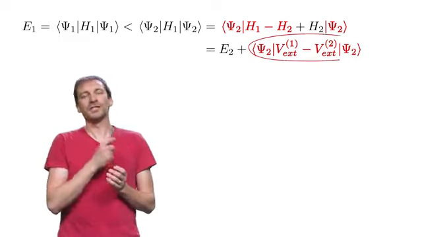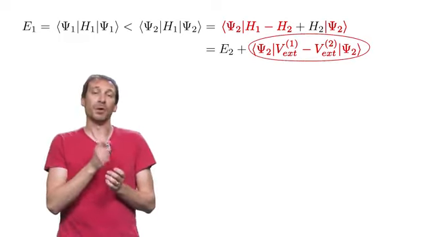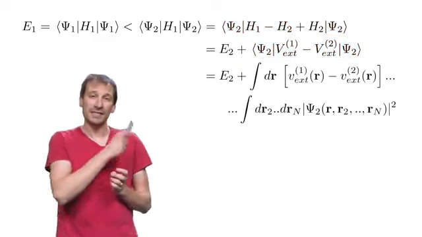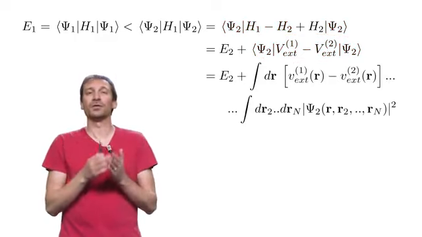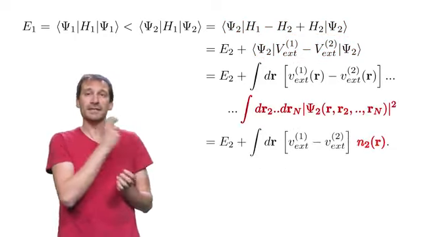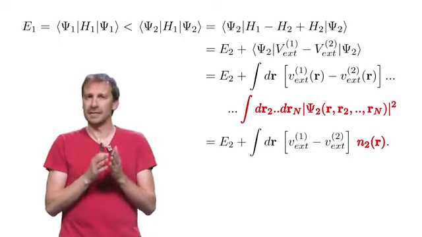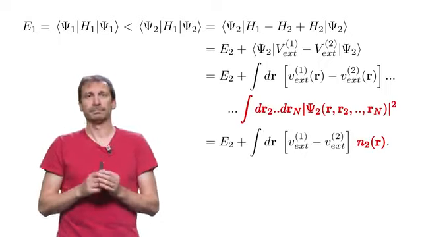Let's focus on this second part here. The external potential is a one-body operator. So only one of these integrals concerns the potentials. All the other integrals only concern the wave function. So we can put the density here. Let's call it density 2 for the moment, for it comes from the wave function 2.